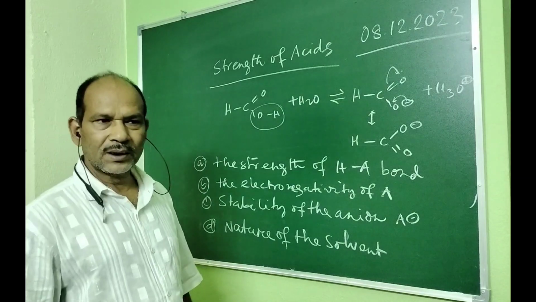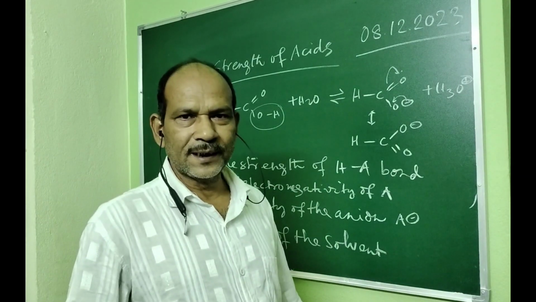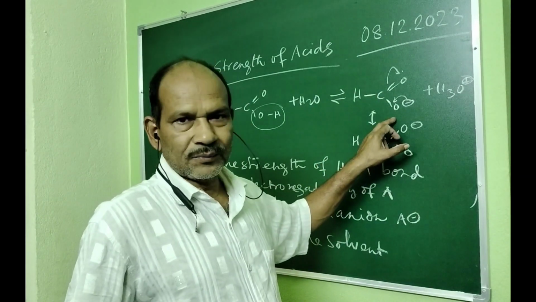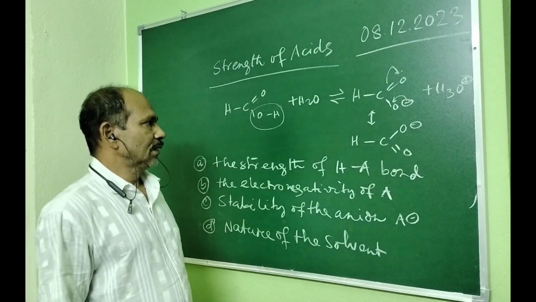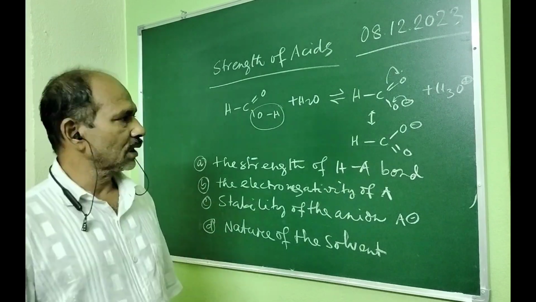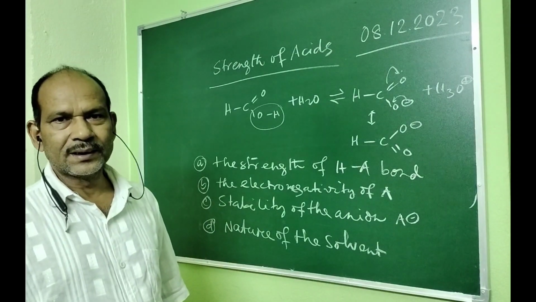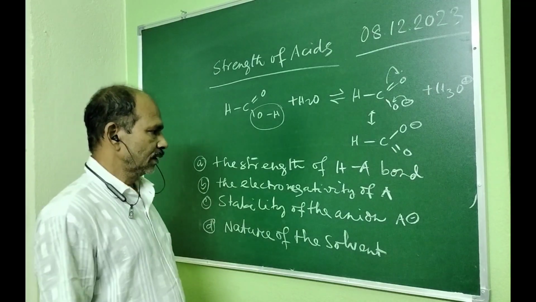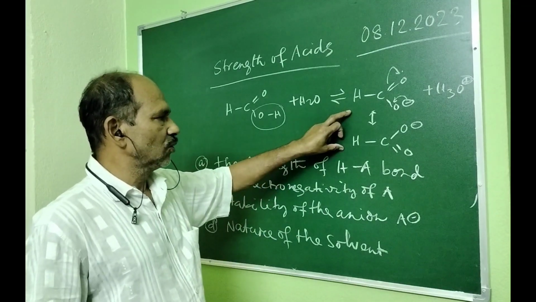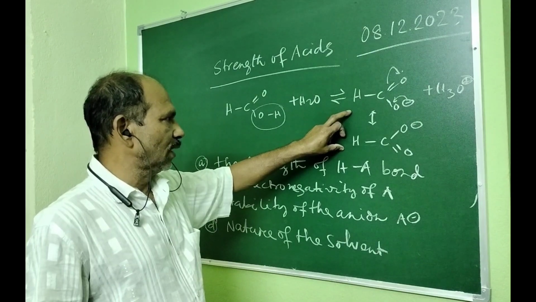In case of methanol, only one oxygen is present. Here there are two oxygen atoms, firstly, and after ionization, the produced carboxylate anion is so much stabilized due to resonance. We get two equivalent resonance structures, two chemical forms.